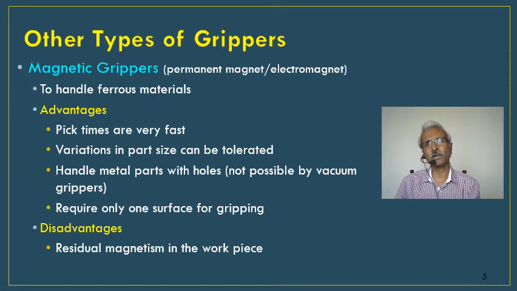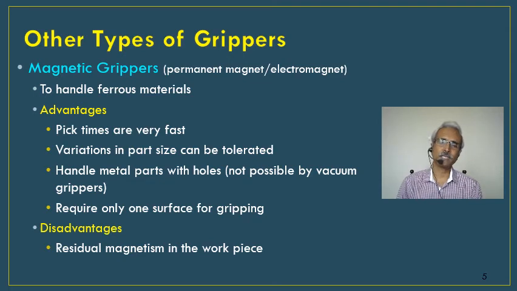There are a couple of occasions where this will be a drawback. Say, for example, this component which has residual magnetism is going to be an independent component, maybe not a problem. But imagine this component goes into an assembly, then there will be a problem. That is one situation.